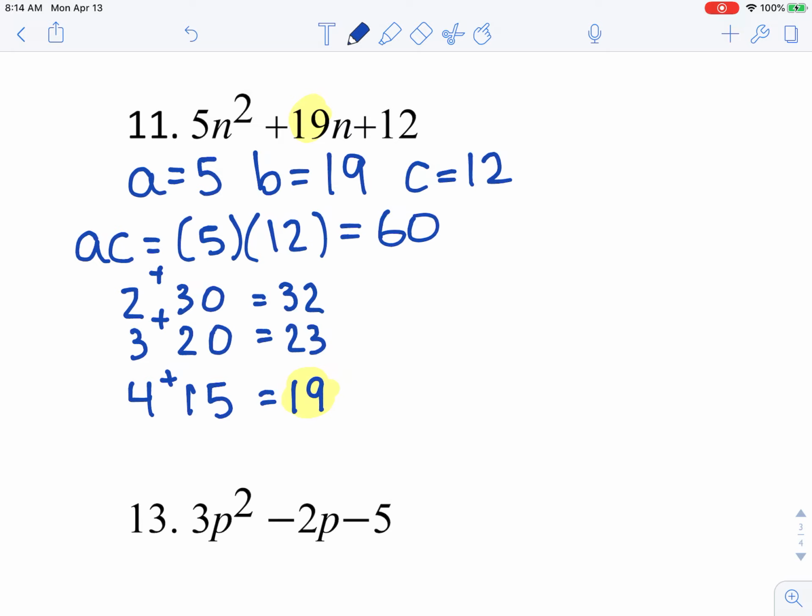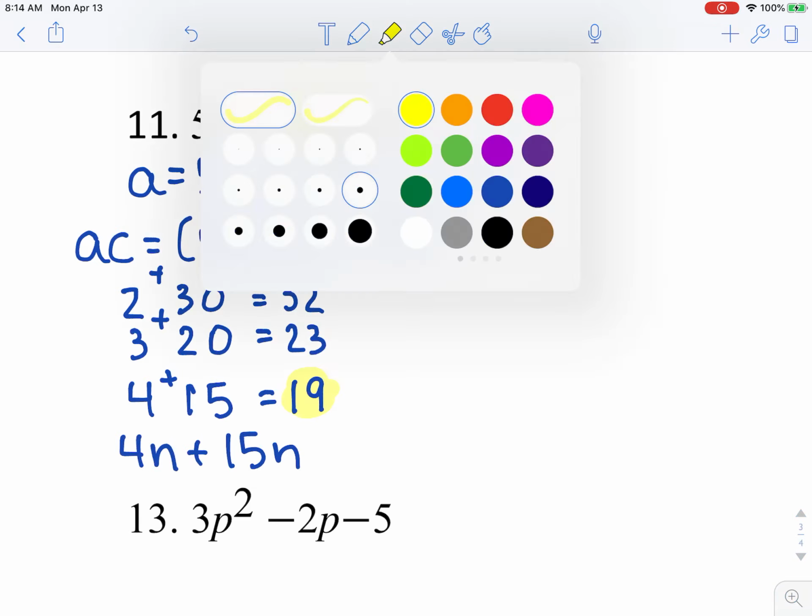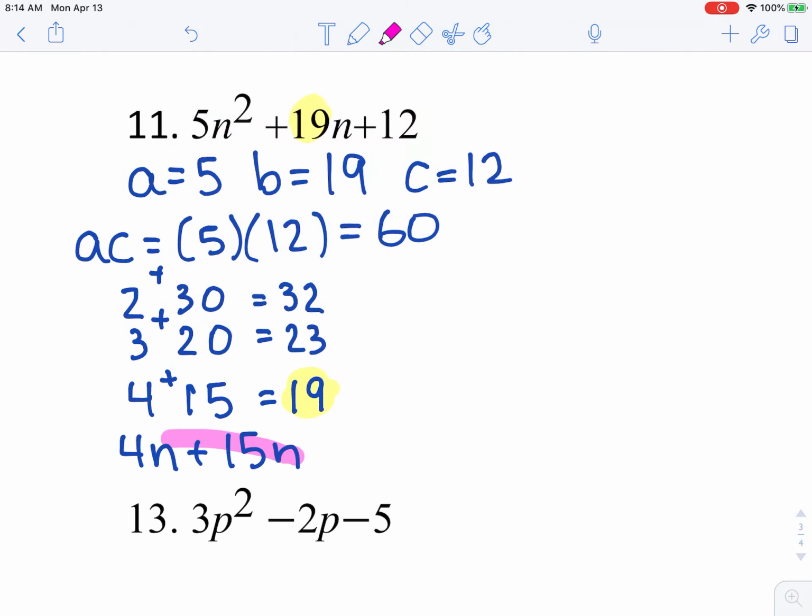Then I write this is a combination for the B. So I have 4n and 15n. But I want to make sure that I put them in the order so that they will have a GCF with the first and last term.